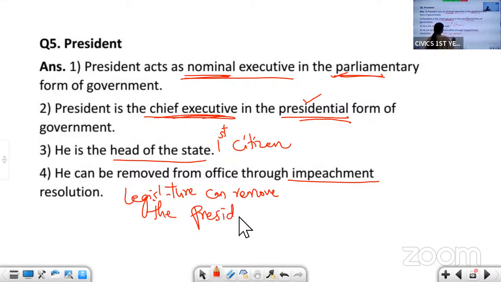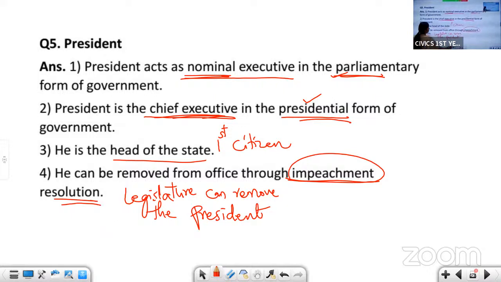The legislature can remove the president, be it a parliamentary government or presidential government. If president is violating the constitution, then he can be removed by the legislature. How? By passing a resolution called impeachment resolution.